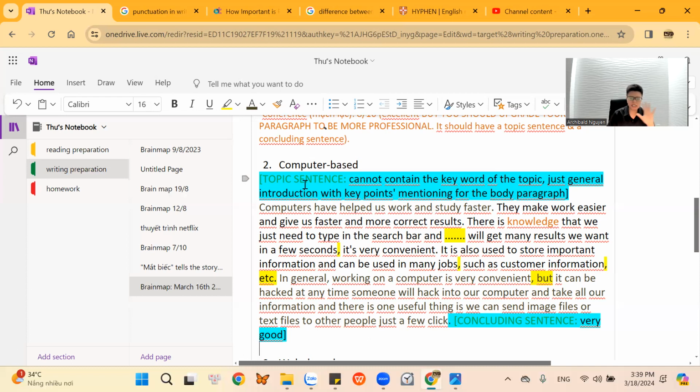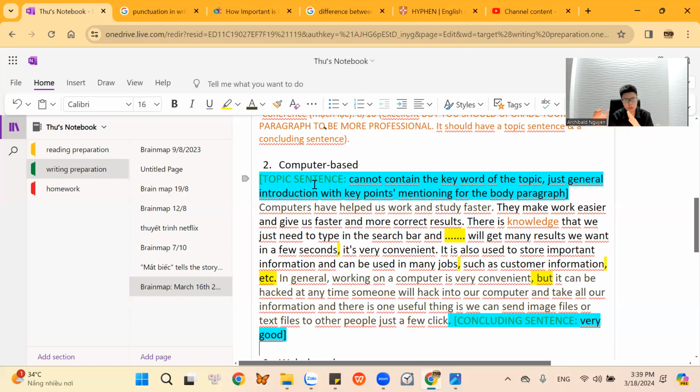And besides the introduction, you should show how many key points you are going to illustrate in the body paragraph. Those are the ways for you to construct a topic sentence. So in the topic sentence, first we should have a general introduction, no keyword.